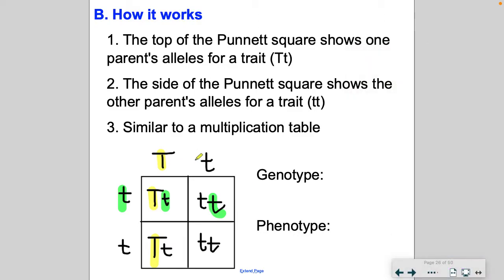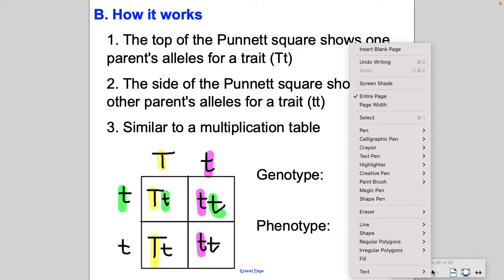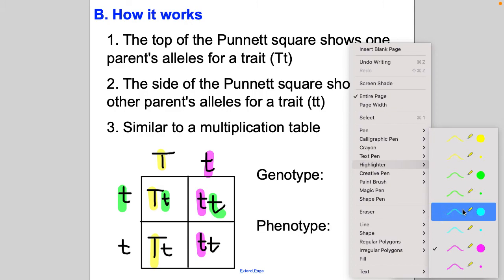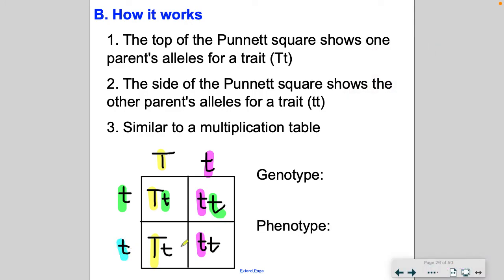Okay, little t, fill in that little t, fill in that little t. And I guess my final color will be blue. All right, so you can kind of see how I filled it in. I used the parent alleles on the top, and then I just went in and I filled it in.